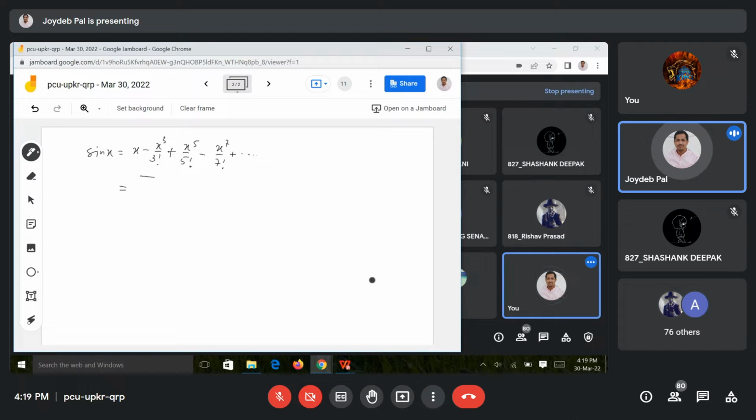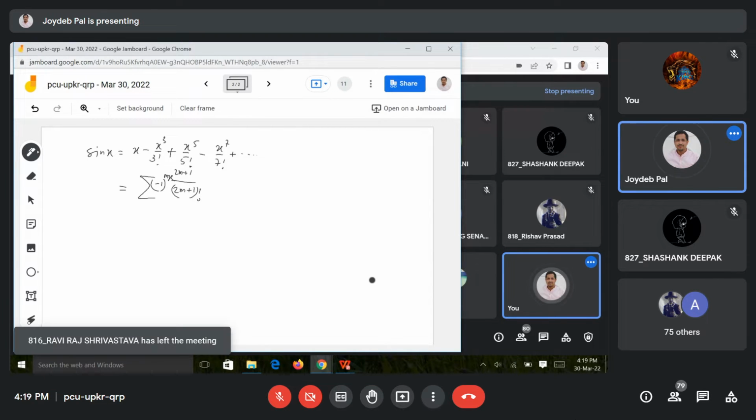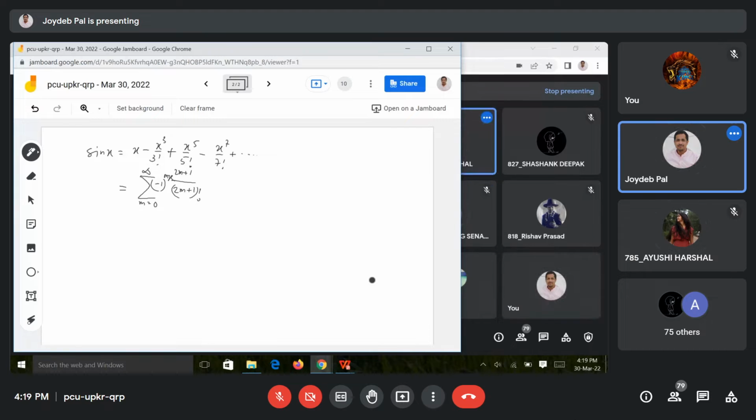So in summation form, I can write: sum m from 0 to infinity, minus 1 to the power m, x to the power 2m plus 1 divided by 2m plus 1 factorial. Yes, sir. It is the summation form.